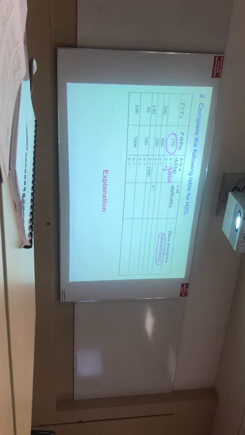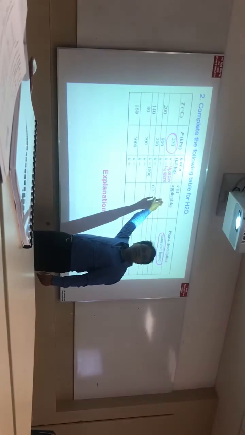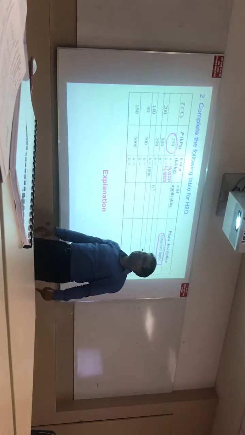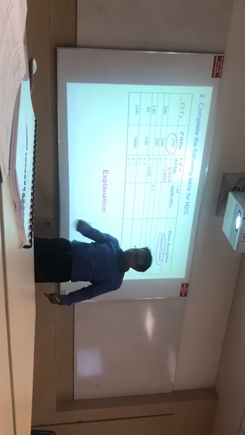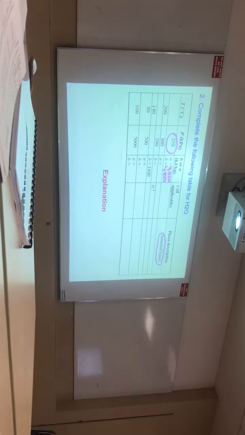HF with respect to 250 kilopascal. This is the answer. And what is the quality? Saturated liquid is 0. Quality is 0. At saturated liquid, quality is 0. At saturated vapor, quality is 1. Don't forget.